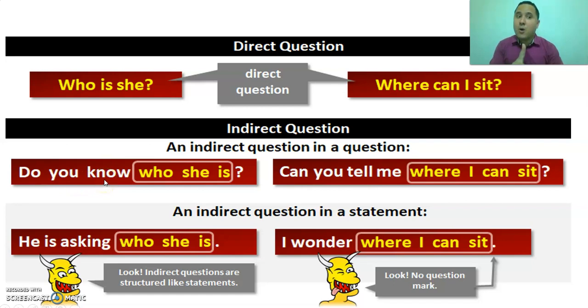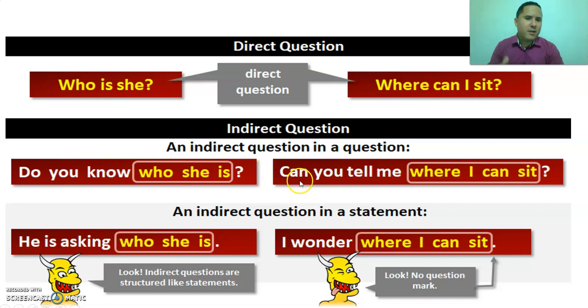Do you know is a question. Now, what happens to the first question? We have to modify that question. Something changed. So, the indirect question is, do you know who she is? Okay? Now, it's not who is she. No, it's who she is.